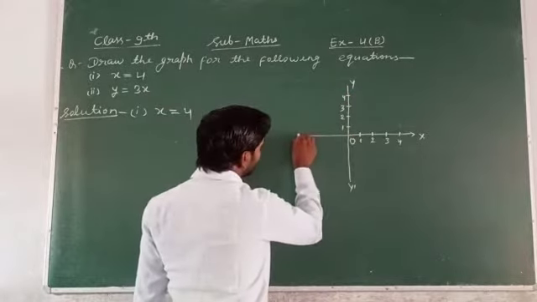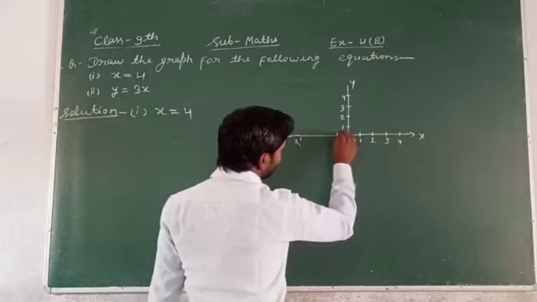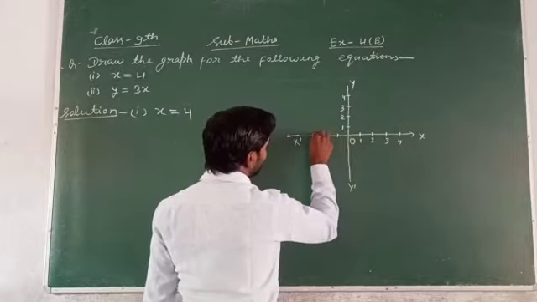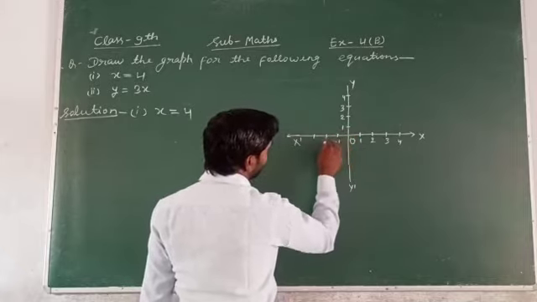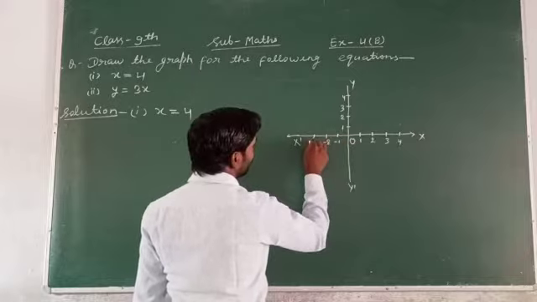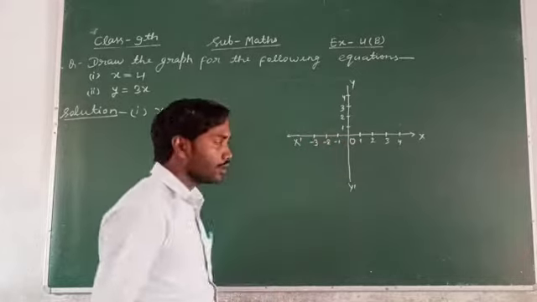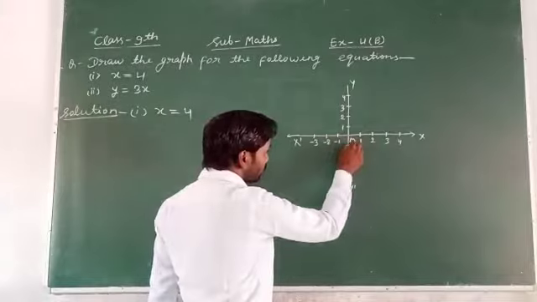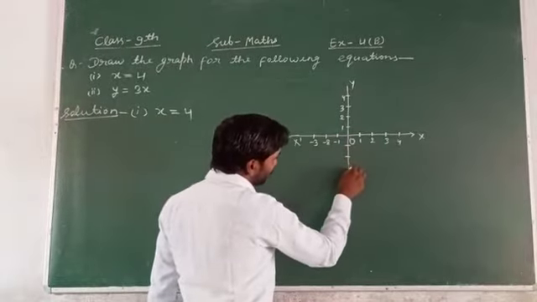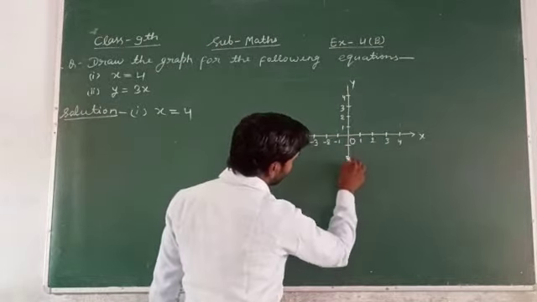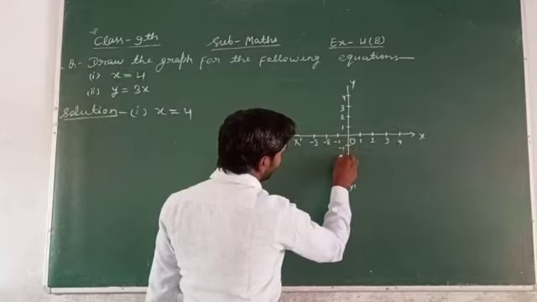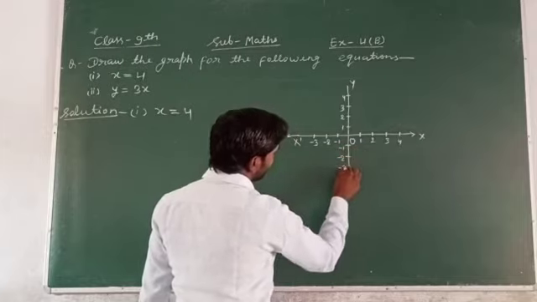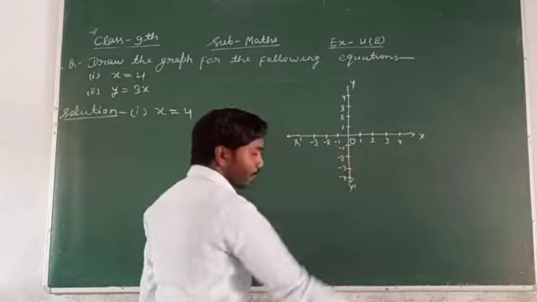Towards this side it will be negative, and this will be considered as -1, -2, -3, and downward also will be considered negative. So it will be -1, -2, -3, -4.